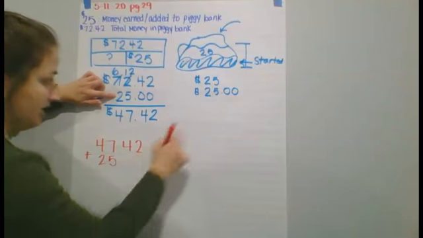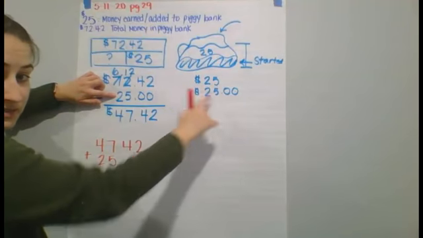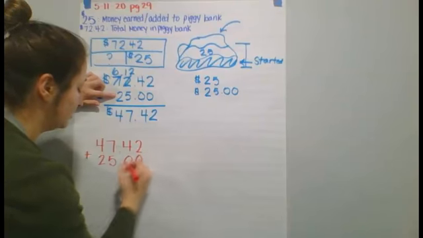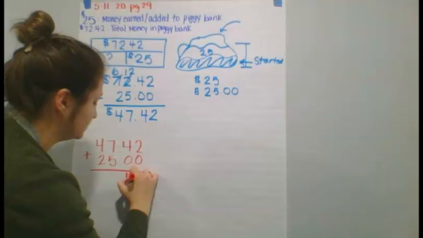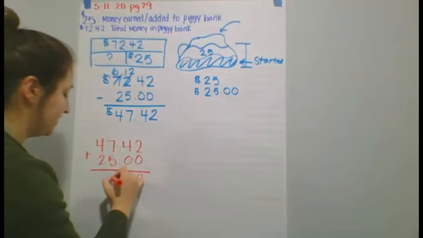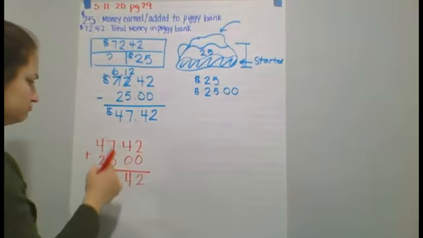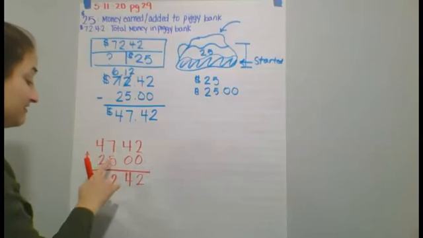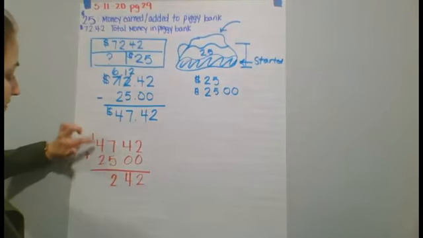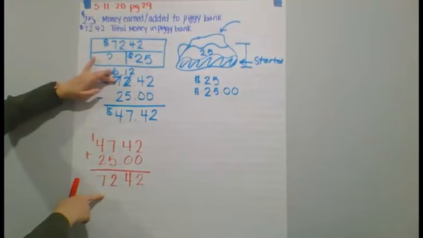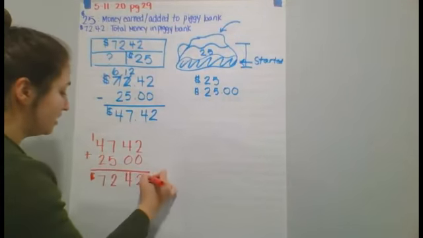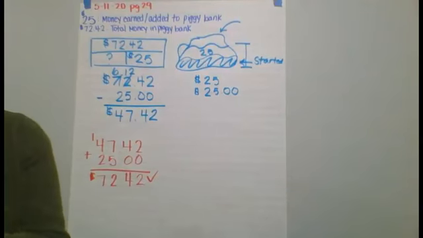Remember, the 2 goes in the tens place, the 5 goes in the ones place, and you want to line up those decimals. 2 plus 0 is 2. 4 plus 0 is 4. 7 plus 5 is 12. 4 plus 2 is 6, plus 1 is 7. So we double check that those are the same, and if they are, then we are correct.